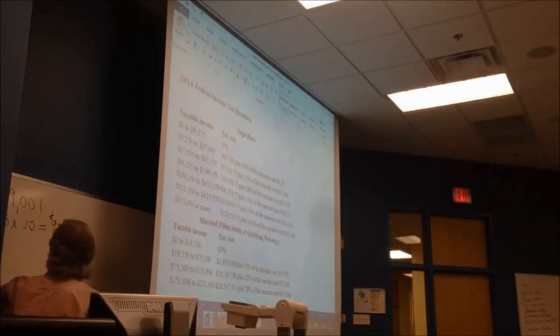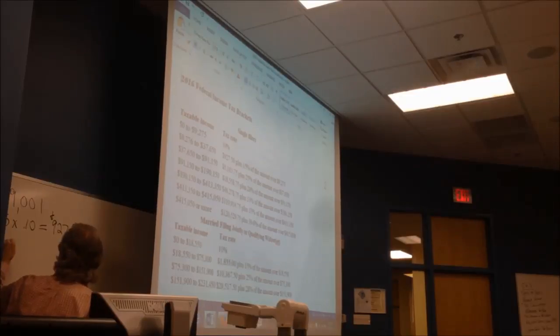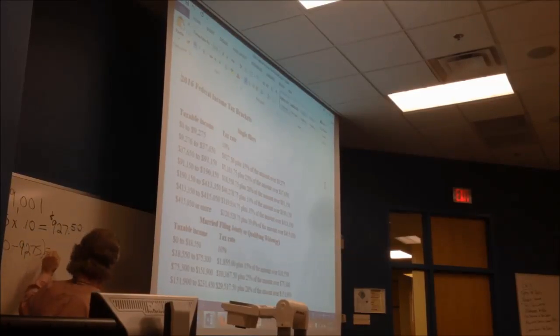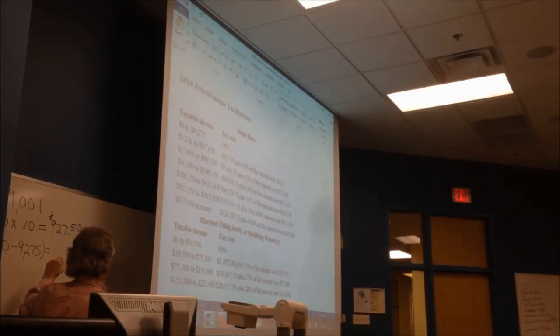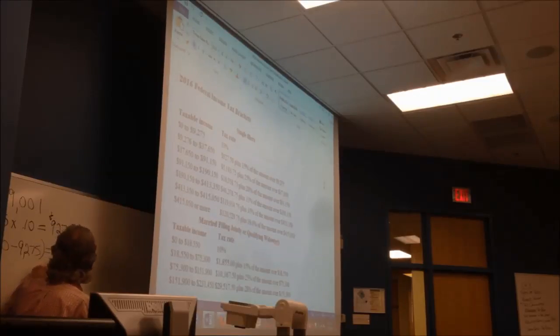So I write this down because I want to make sure you do this right. 37,650 is the max in this bracket, minus the amount that's been taxed already, 9,275. This represents the amount that has not been taxed out of that 39,000, because this 9,000 has already been taxed, and the difference is 28,375, and that is taxed at 15%.